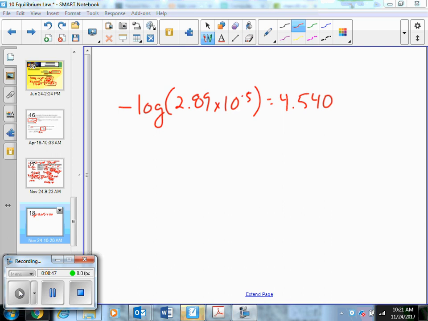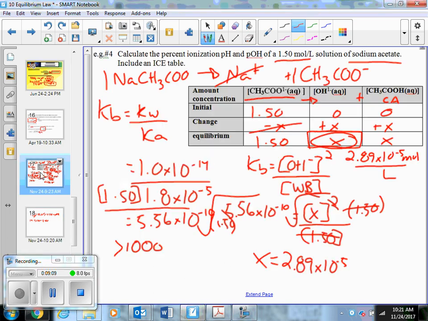This value is the pOH because I used the hydroxide concentration. So if we want to find the pH, it'll be 14 minus 4.540, which gives me a pH of 9.460.